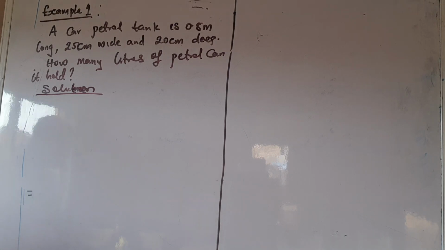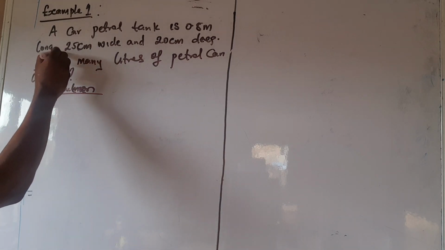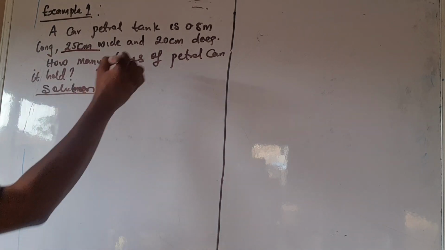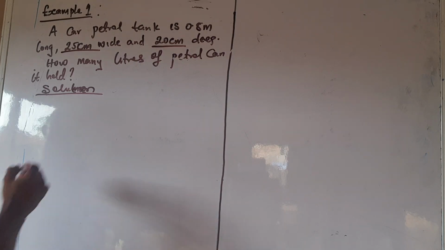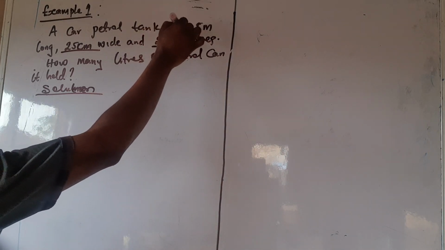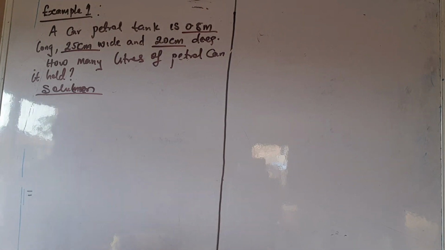In solving this, we realize that the width and the depth are in centimeters, but the length is in meters. So you must be very careful: whatever you are working with, you must ensure that you are working in the same unit of measurement.